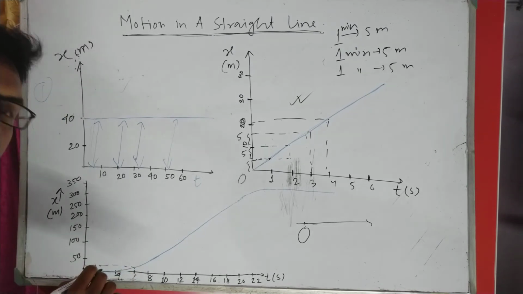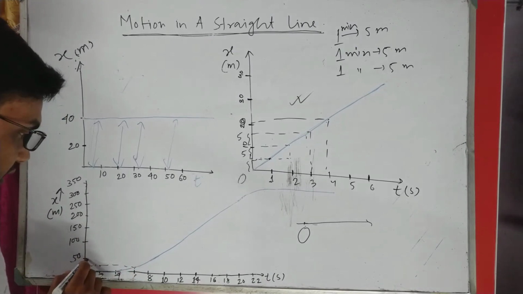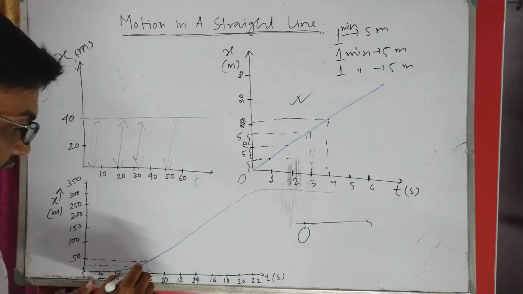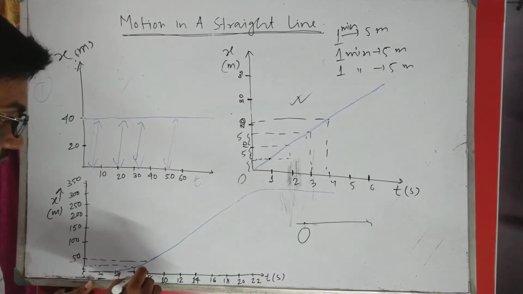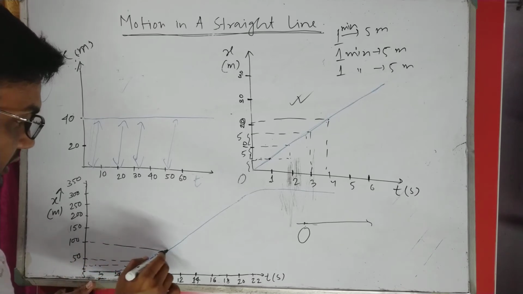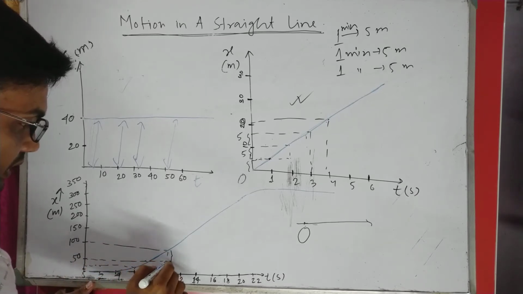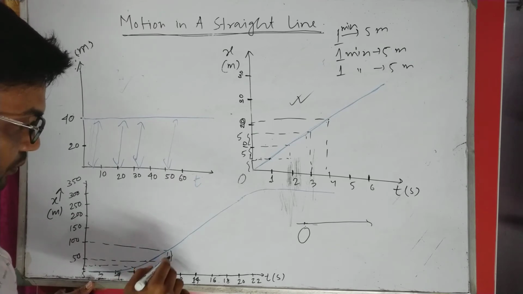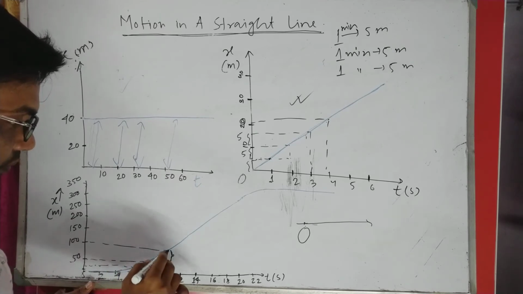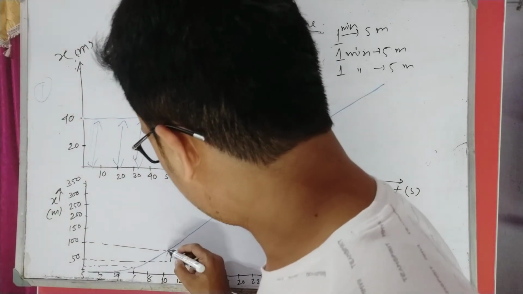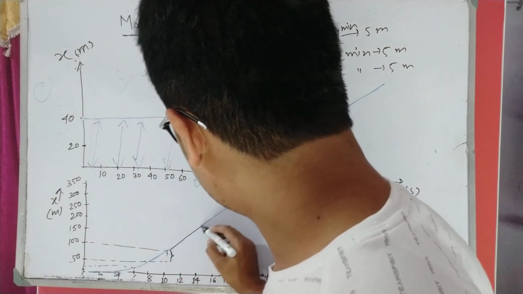And then it has started to move, and now its displacement is increasing. Now this much movement in the next 2 seconds. After 8 to 10, it has moved a considerable amount of distance. From this point onward, you can see that it is like a straight line.